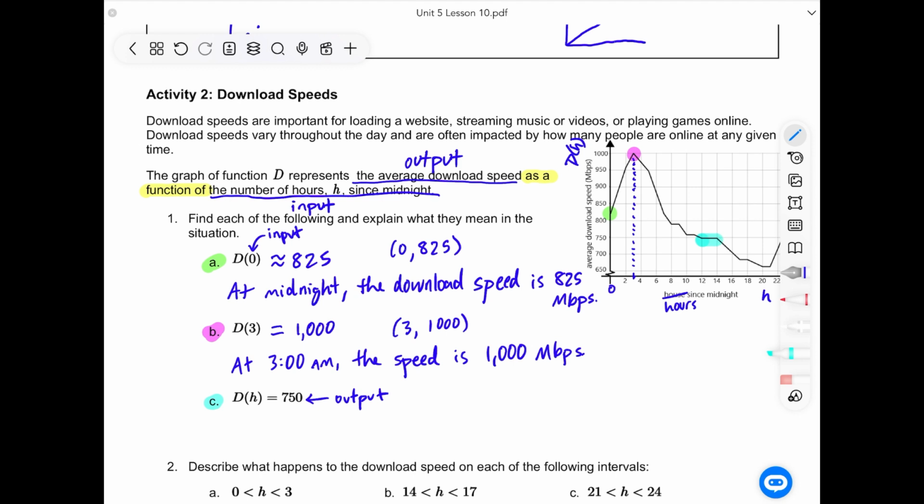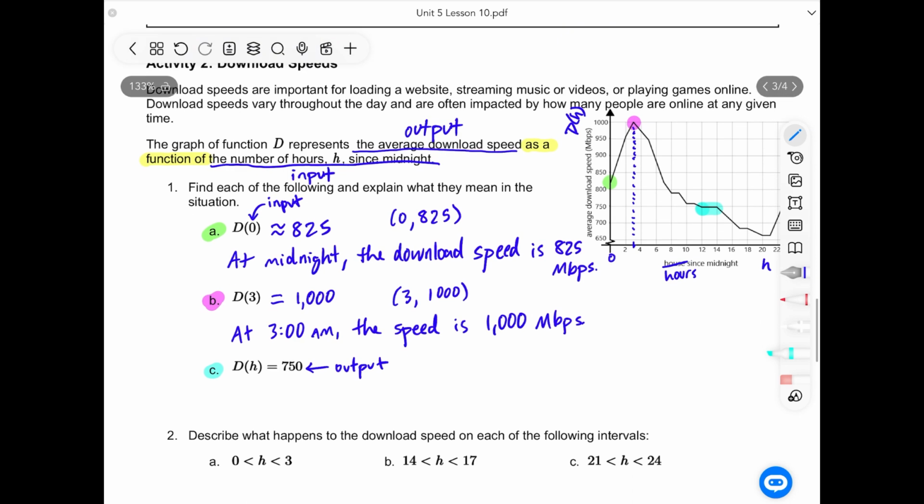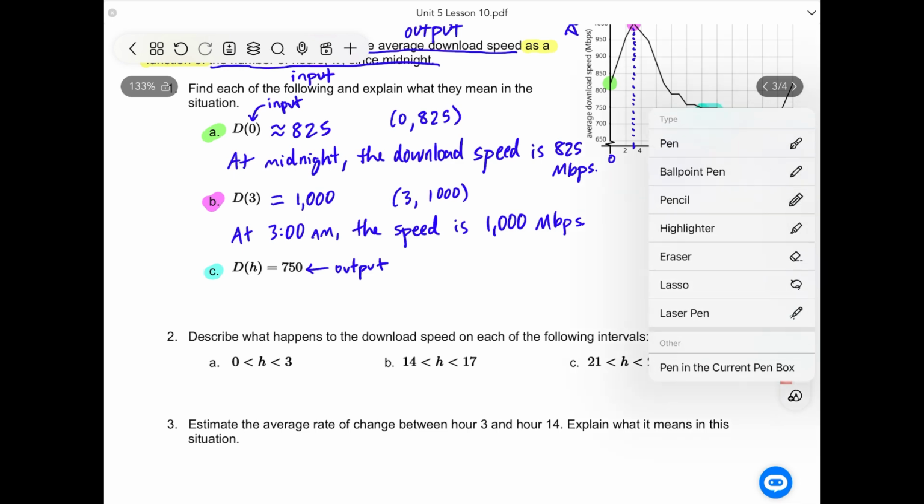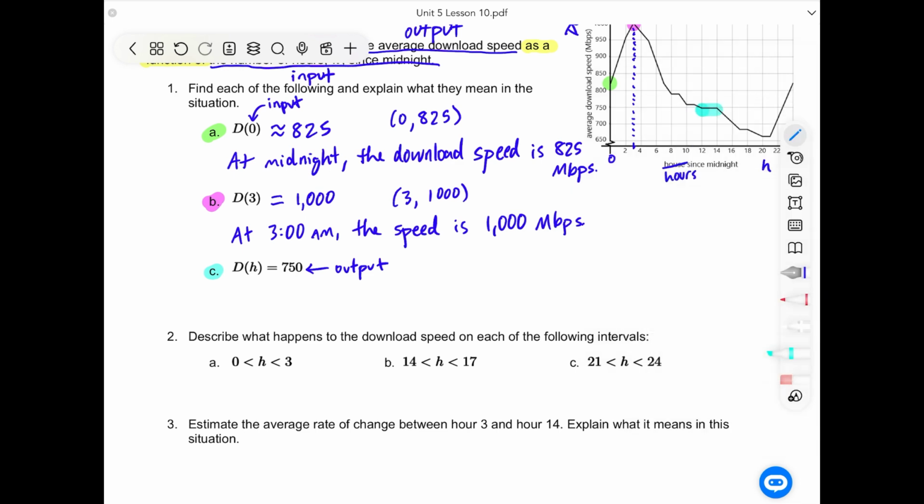And it actually looks like we have a range of values starting at hour 12, going over to hour 14. And if I scroll up just a little bit, I've got this little toolbar on the right-hand side here that was kind of in the way. Looks like there's also another point right there. So we have actually several inputs that give us this output.